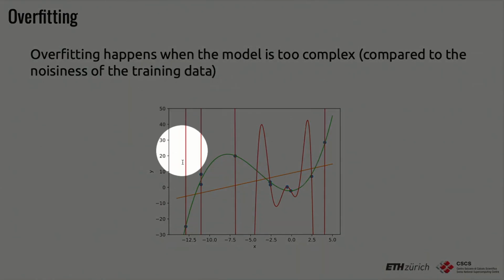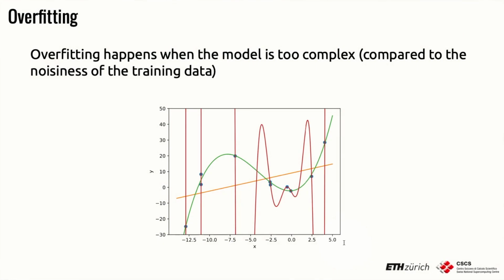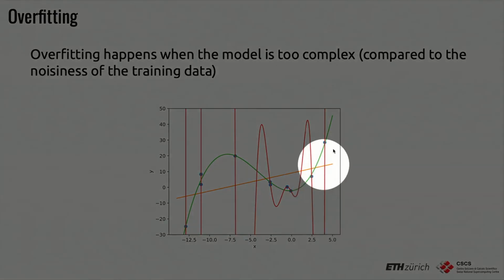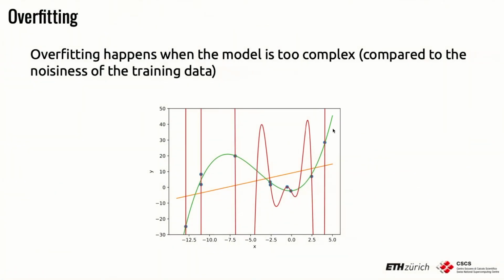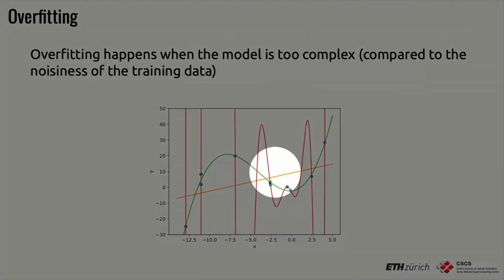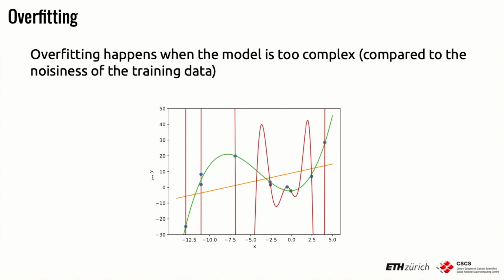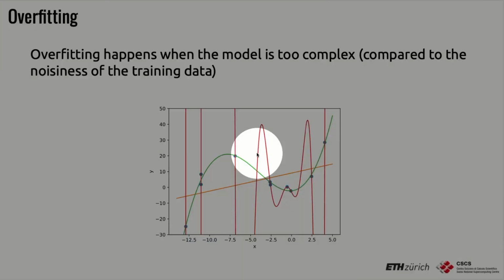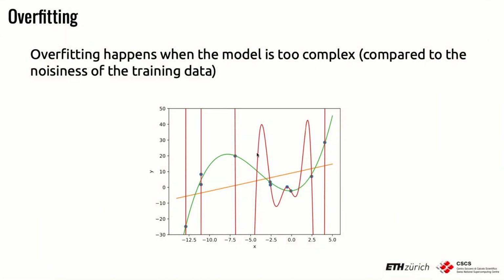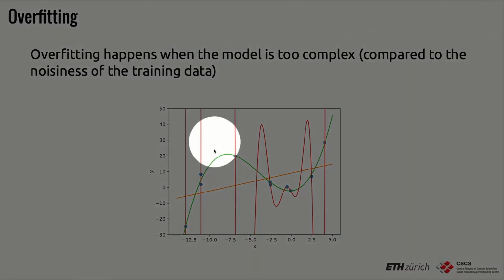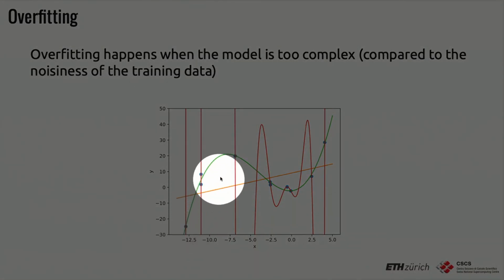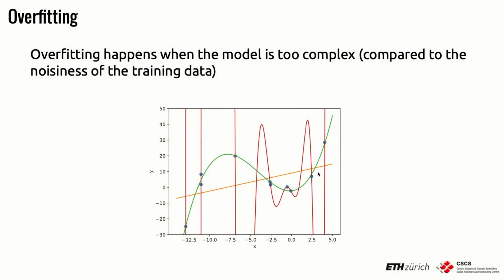So you can see the wobbly red lines, apologies, I just realized that it's not very colorblind friendly. I will change it later. But you can see the curve is part of a polynomial of degree 10 that passes through all the data points. And you can see that it fits the data set perfectly.